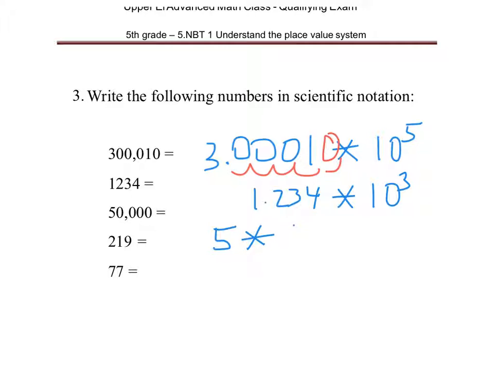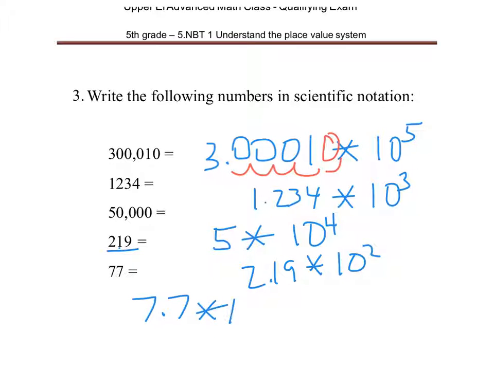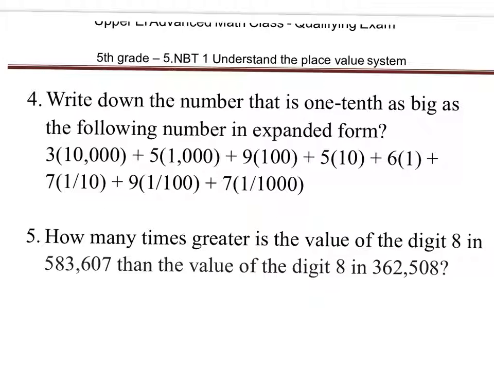Well, that's 4 zeros, so it's 5 times 10 to the 4th. 219, we're going to move the decimal point over 2, so we'll have to multiply back to get back to that number, so it's 2.19 times 10 to the 2nd. Finally, 77, well, that's just 7.7 times 10, but we'll be consistent, we'll say that's 10 to the 1st power.